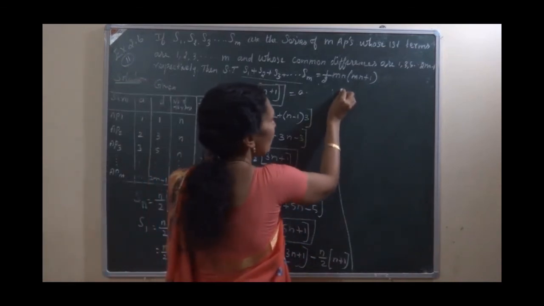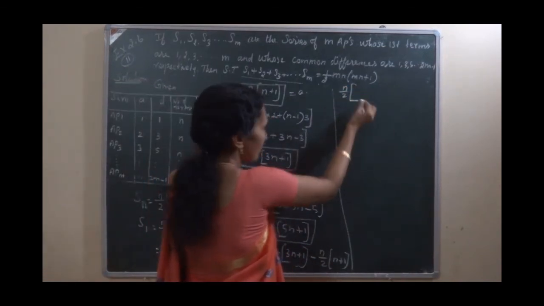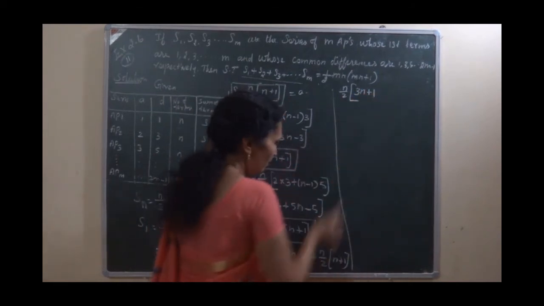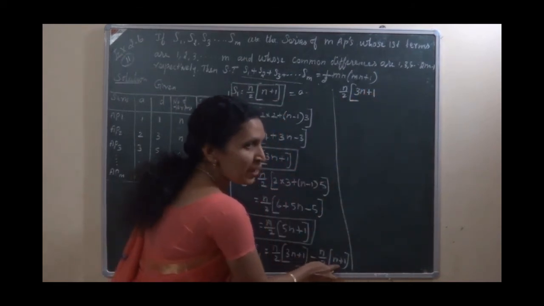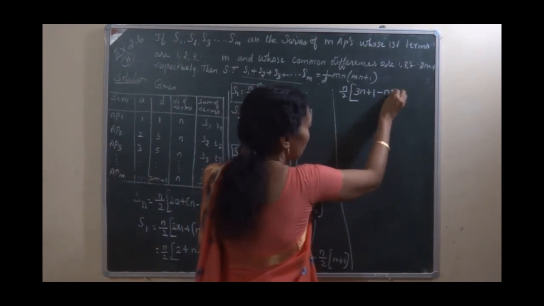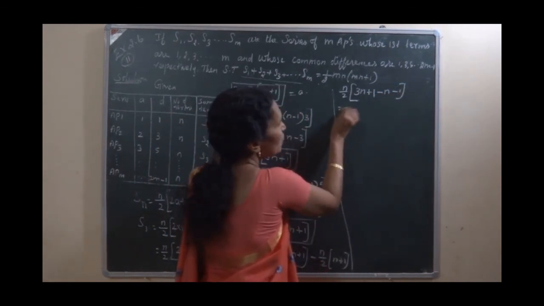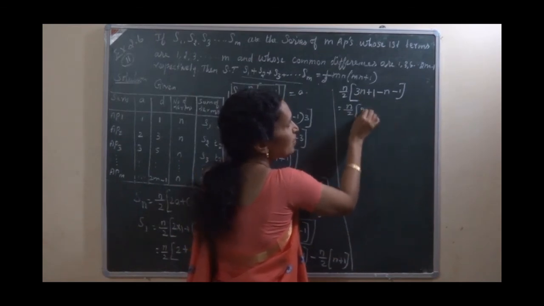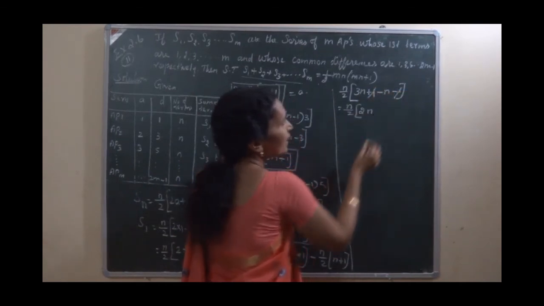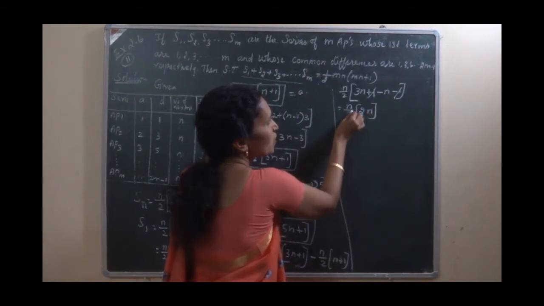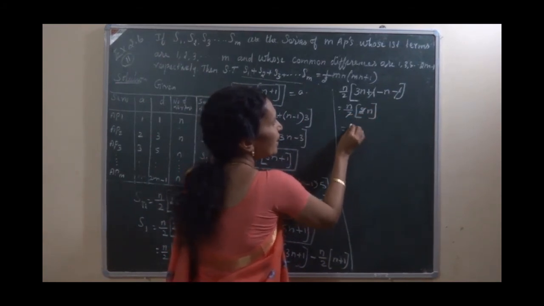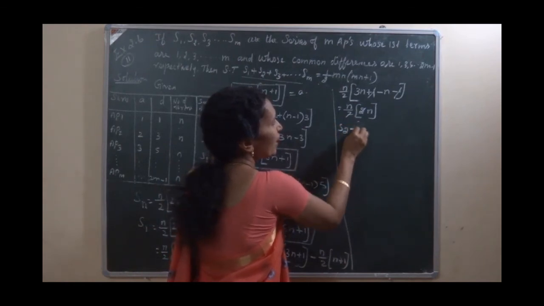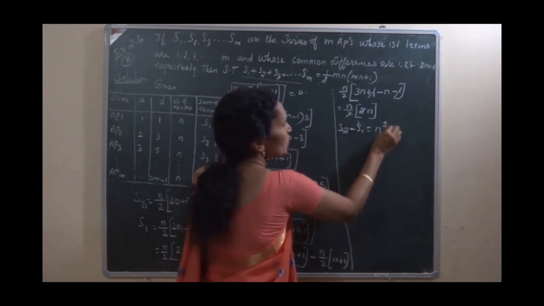So I take n by 2 outside. N by 2 into (3n plus 1 minus (n plus 1)). So minus n minus 1. So this is equal to n by 2 into (3n minus n), 1 minus 1 cancel. So here also 2 and 2 cancel. We will get n square. This is S2 minus S1 equal to n square.